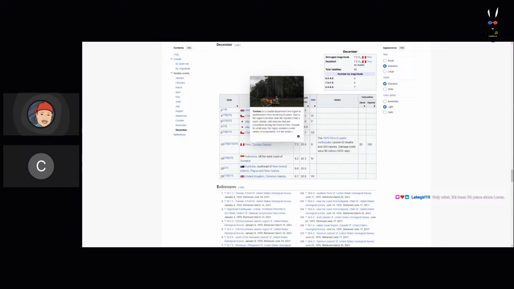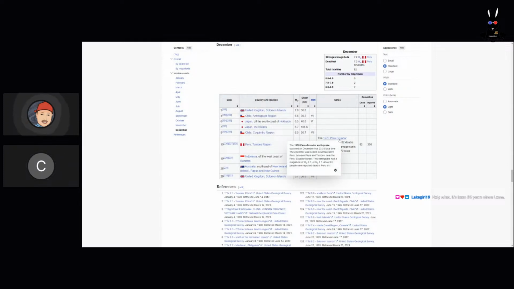Tumbes region. Yeah, the 1970 earthquake, Peru-Ecuador border. Let me open that up. Yeah, it's right on the border. So in 1970 they had a pretty big quake, and that was in December.